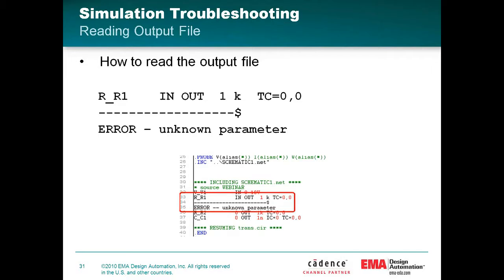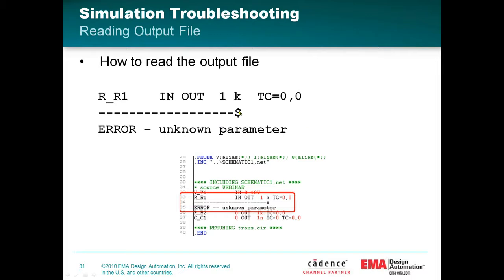First of all, reading the output file. In this case, you've got a particular simulation that you ran, and there's some kind of error associated with it. Usually what you'll see is the output file associated with that. What it typically does is run these dash lines underneath the problem line as an identifier that locates where in the file the problem is, and a little dollar sign indicates the parameter problem, or at least the line item it had a problem with.